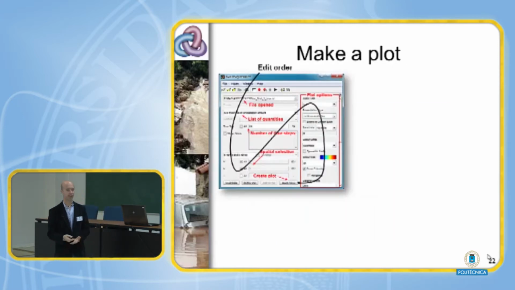So, a very quick overview of how to work with quickplot. Once you open a file, you will see the file name in the top left corner. You can open multiple files and switch between files using the list box here. Then per file, it gives you the quantity stored in the file.